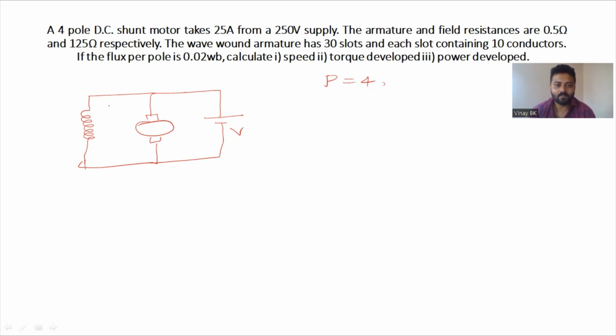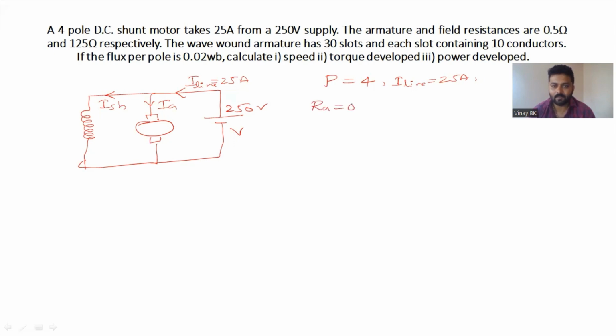The DC shunt motor takes current from 250 volts, that is V. From the supply it is taking the line current, I line, which is 25 amperes. This current divides into one current that flows through the armature, called the armature current, and another current that flows through the shunt field winding, called ISH. And the armature and field resistances are given. RA is given.